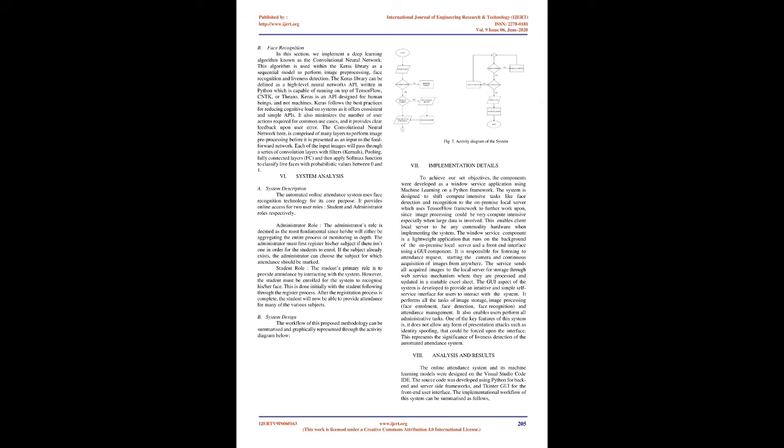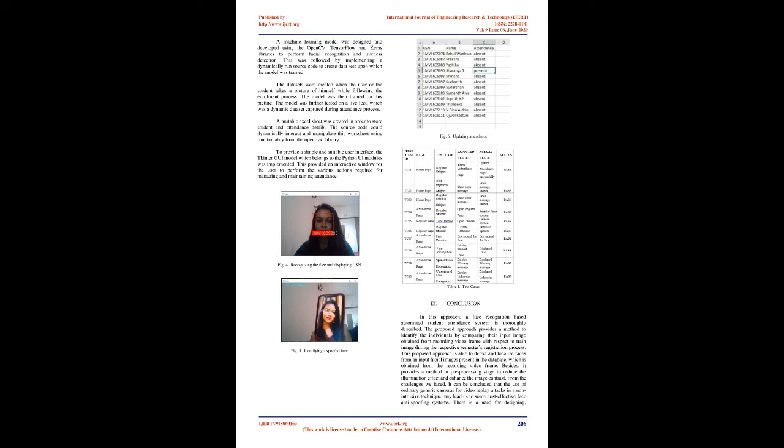Keras is an API designed for human beings, and not machines. Keras follows the best practices for reducing cognitive load, as it offers consistent and simple APIs. It also minimizes the number of user actions required for common use cases, and it provides clear feedback upon user error.